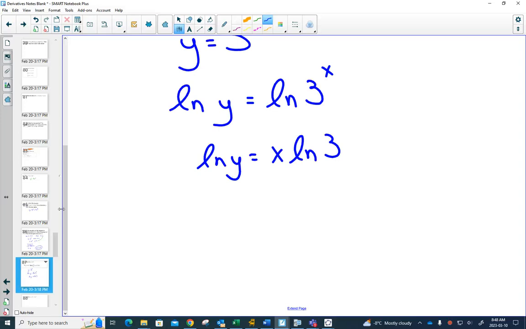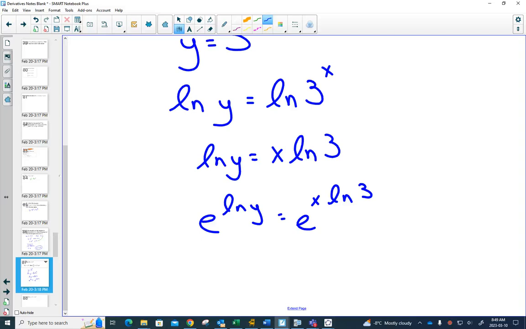Now that I've taken the log of both sides, I can undo that by putting both of these as powers of e. So if I do this on this side, and the same thing on this side, and since e and natural logs are inverses of each other, just like square rooting and squaring, whenever you have them together, they cancel each other out.